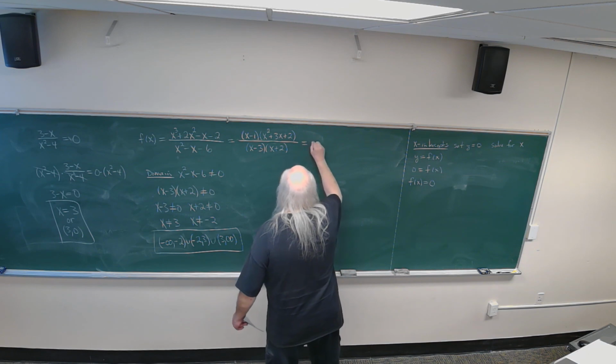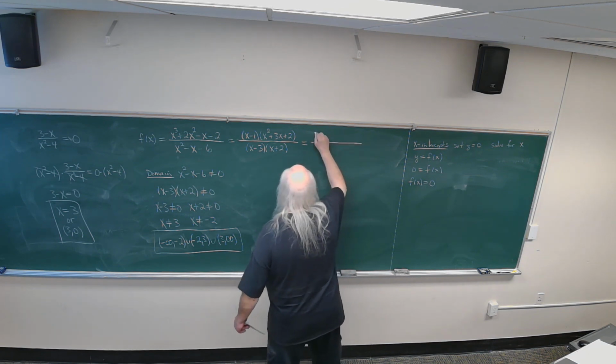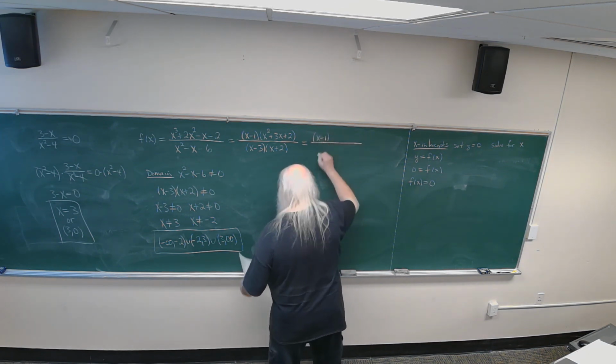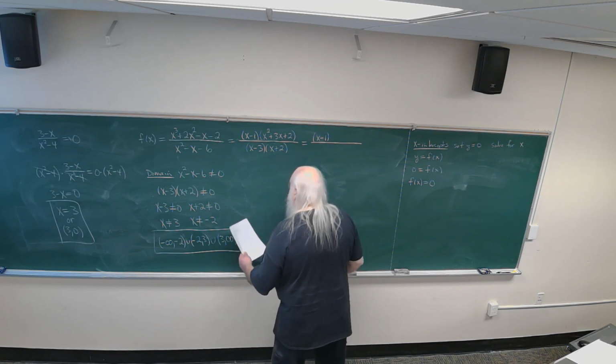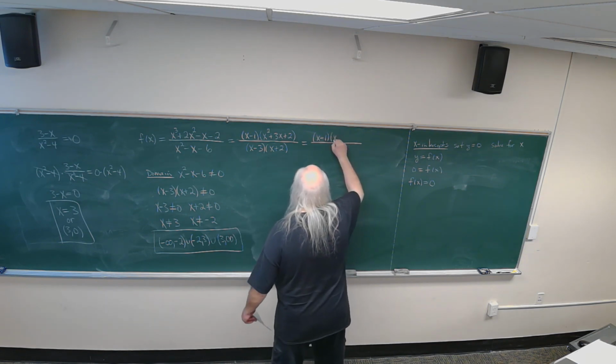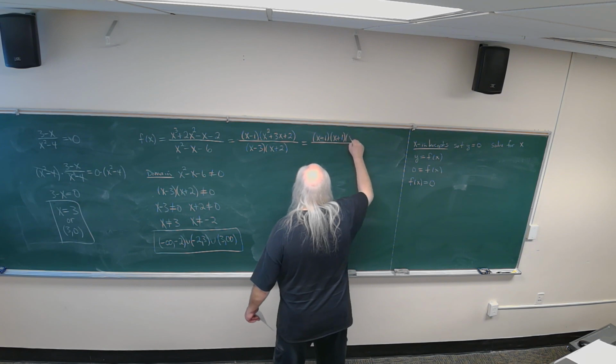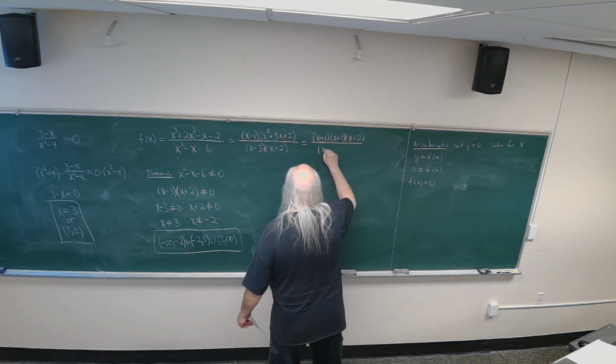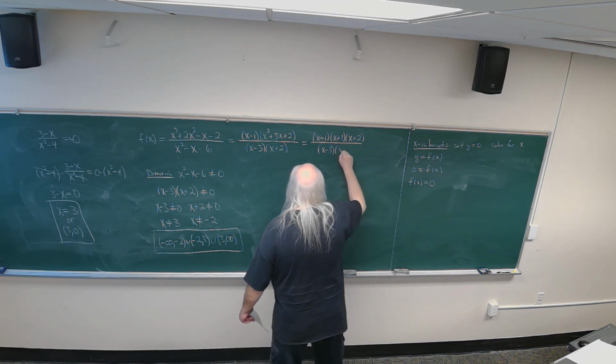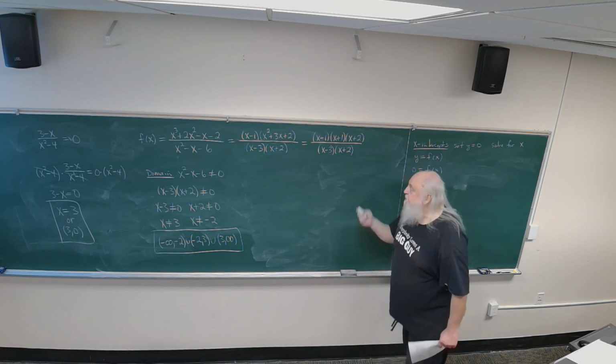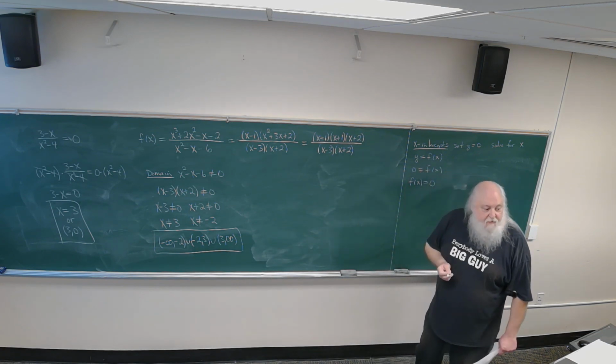And now that quadratic in the numerator factors to x plus 1 times x plus 2. And that's over x minus 3 times x plus 2. So you see that x plus 2 is a common factor in the numerator and denominator, right?